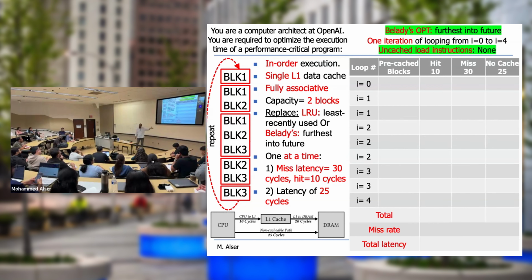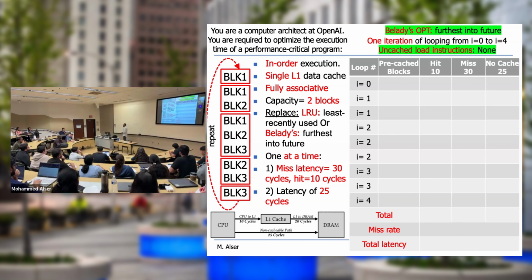But the cache is full. It has 1 and 2 already. What should I do? Which one of them should I replace to add 3? Now I don't look back in the history. I look forward in the future. Remember, I'm at block 3. In the future, I have 2, 3, 3, and so on.